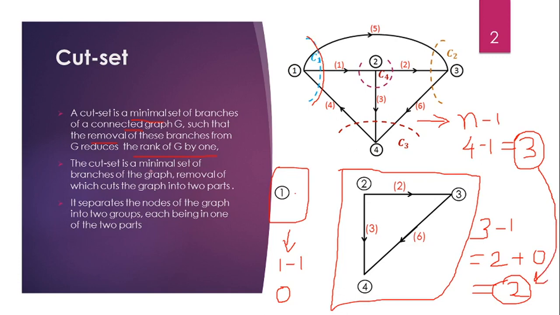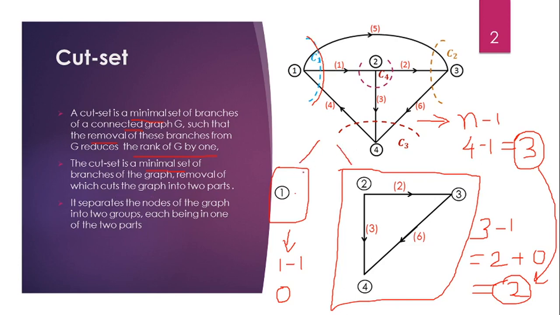So this is the first thing. Second, the cut set is a minimal set of branches, minimum branches that should be cut, the removal of which cuts the graph into two parts, which we already did. When we remove branches 1, 4 and 5, the graph divides into two parts.